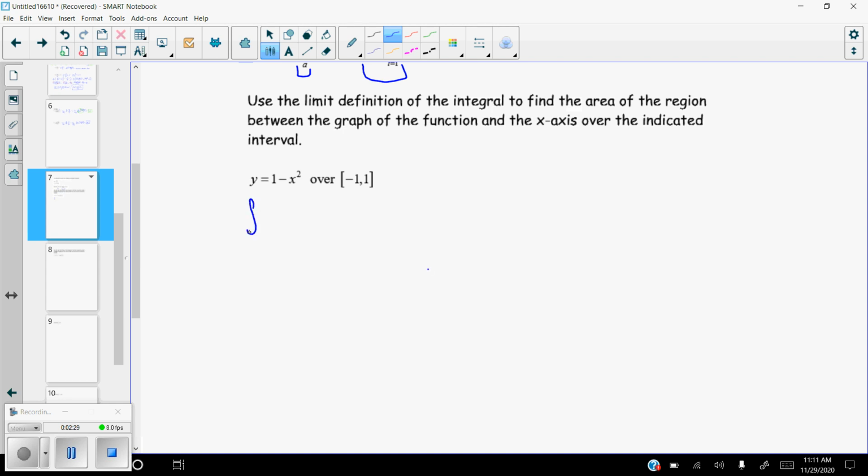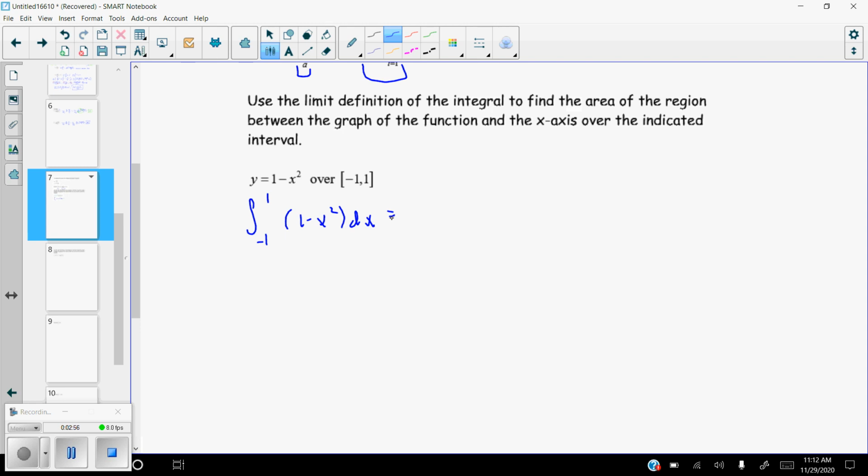We want to find the integral from a to b, -1 to 1, of f of x dx. The dx part is really important, so don't get lazy and leave that off. If you don't put dx, you're really not adding up anything of substance, because the dx is the base of the rectangles. You've got to have the bases to multiply times the height to add up a bunch of rectangles.